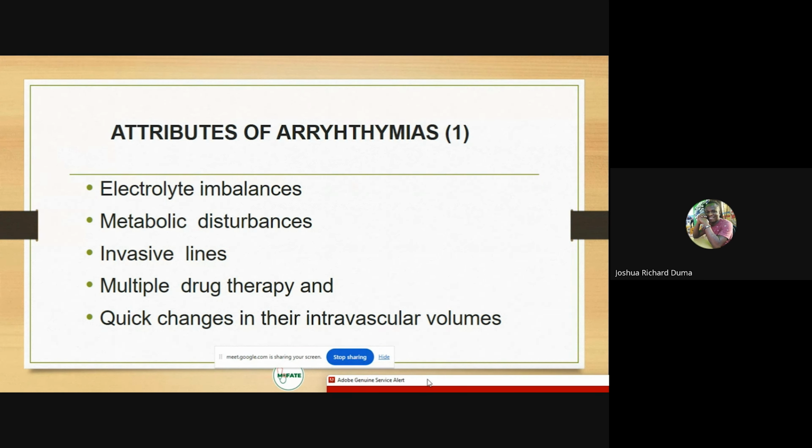Multiple drug therapy can lead to arrhythmias. Drugs like inotropes, potassium chloride, etc., can lead to arrhythmias, whether tachycardia or bradycardia. So once the patient is on treatment with drugs like inotropes and electrolytes, it's easy to detect the derangement through the monitor.